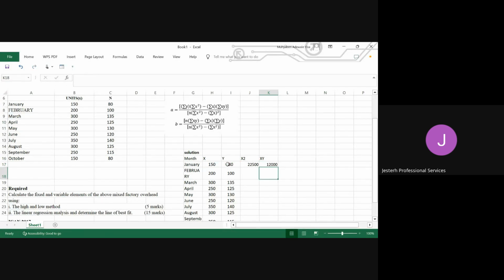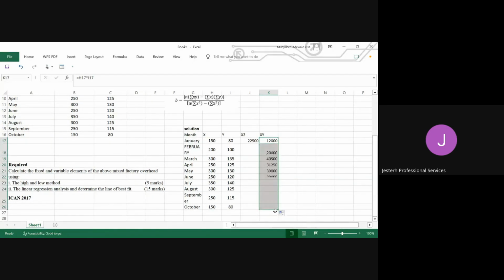Now it's going to give us 12,000. Now what I'm going to do here, I will just drag this one down, not to waste time. When we are doing it, we are still going to arrive at the same answer. And then this one, I'll be doing one after the other so that we can be on the same page.